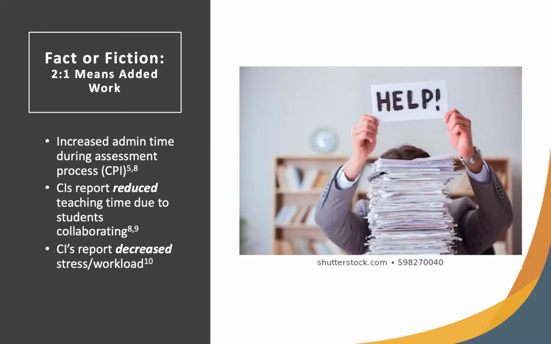However, several studies have found that CIs actually report less of a teaching burden and decreased stress and workload when they have 2 students versus 1. This is because the students rely on each other as a resource before approaching the clinical instructor, and they can perform much of the CI's patient care and documentation tasks. This ends up giving the CI more time and less stress than when they have only 1 student.